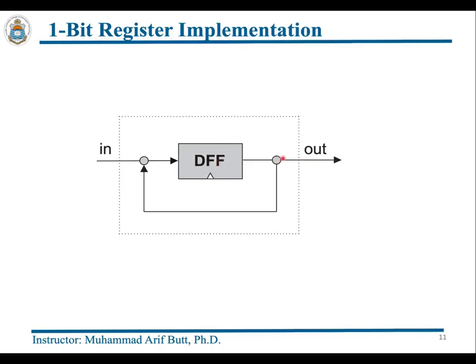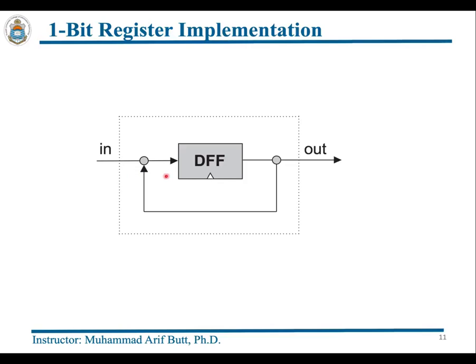We take the output, that is the current state of the flip-flop, from here and plug it back to the input of the D flip-flop. So this way, this D flip-flop will just keep on having the same value in our loop until we tell it to load a new value from this place.